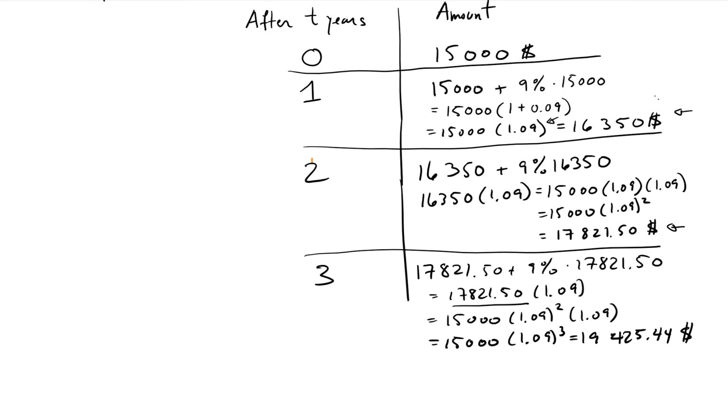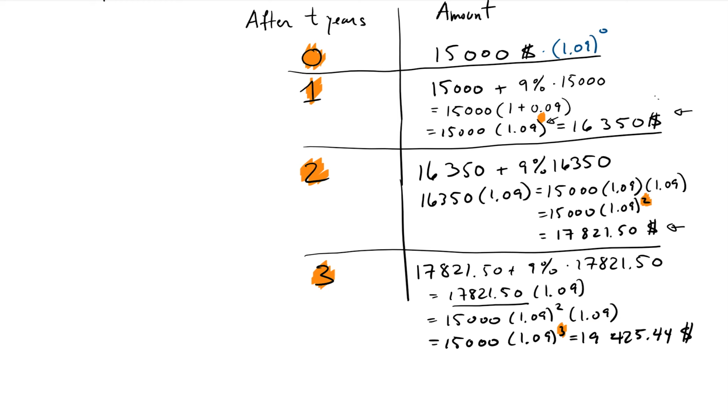And what's the pattern? Well, you see that if you've got 2 here, you've got a power of 2 here, power 3 here, power of 3 here, and 1 here, well, you've got a power of 1. I wouldn't write it down. And even 0 actually works, because this is as if it's multiplied by 1.09 to the power of 0.